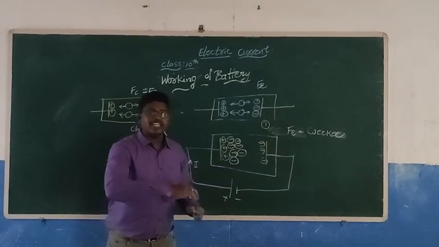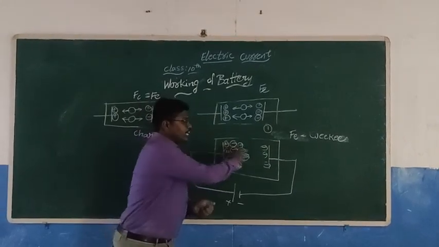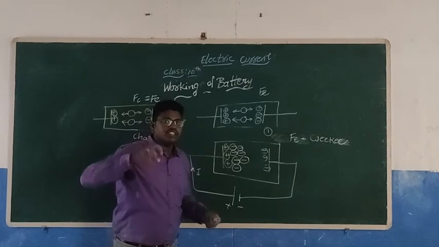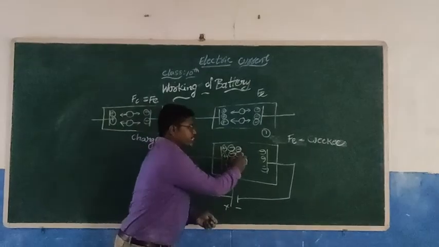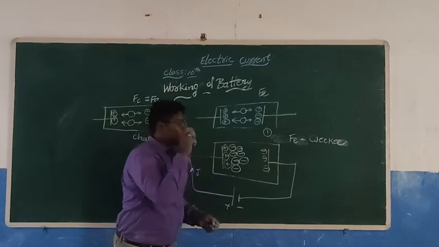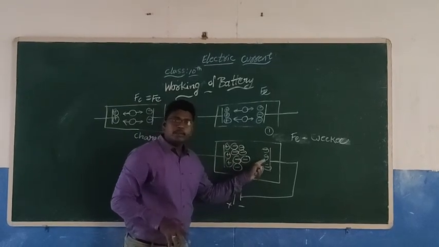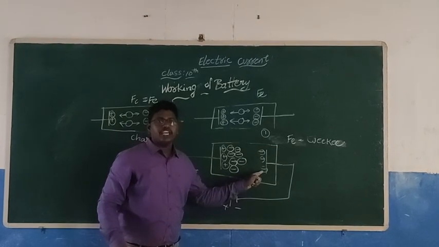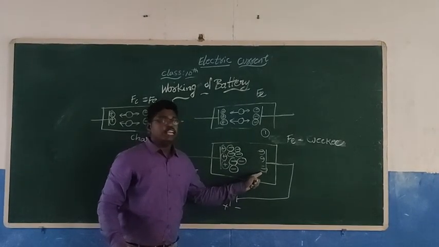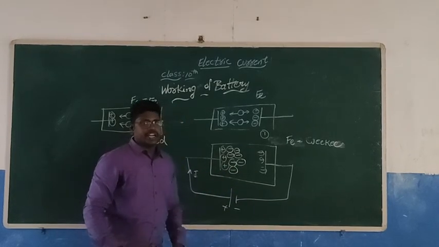Due to that, at that time, chemical force immediately pulls the negative ions and sends them towards the negative plate. But already negative ions are there here. If you send negative ions again, due to repulsion, they move back to the conductor.